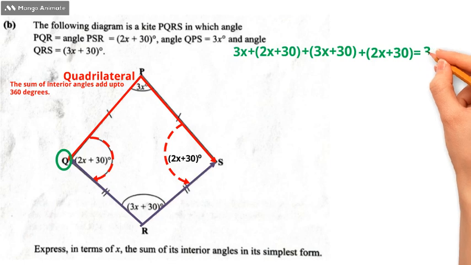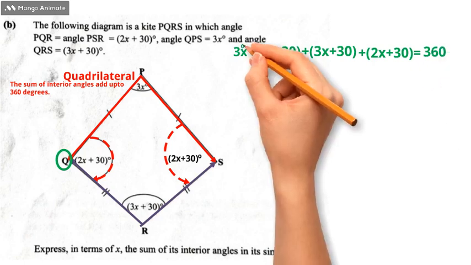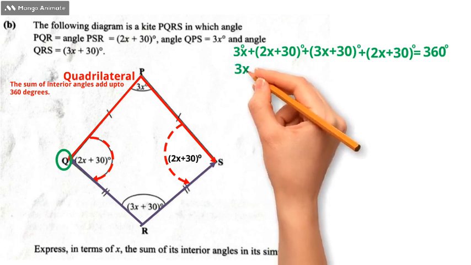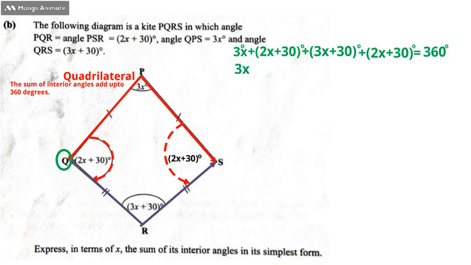Now, once we've written this, the next thing we are going to do is evaluate this. We can see that the terms inside the brackets are being multiplied by the degree sign.